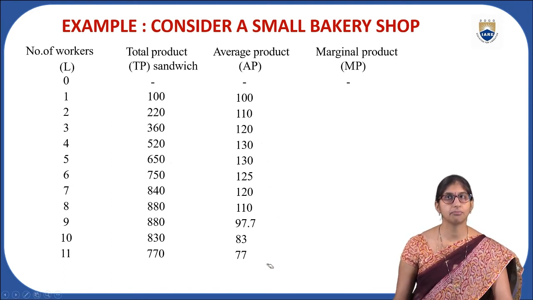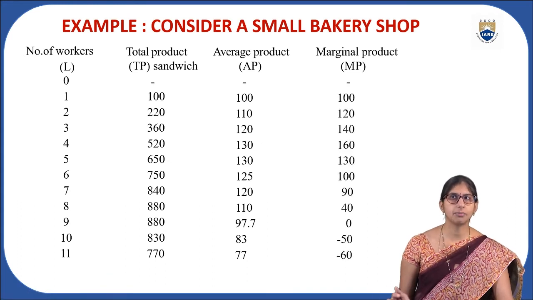Now coming to the marginal product. Marginal product is for every input. First there is no labor. The first worker can produce 100 products. The second worker can produce 120 products.